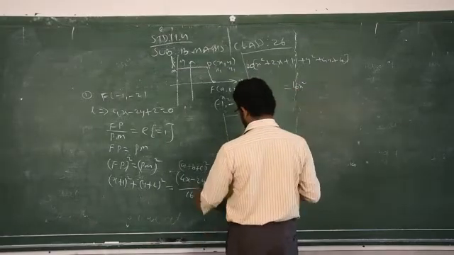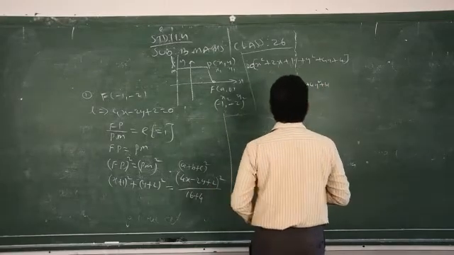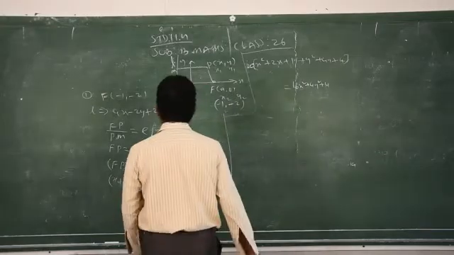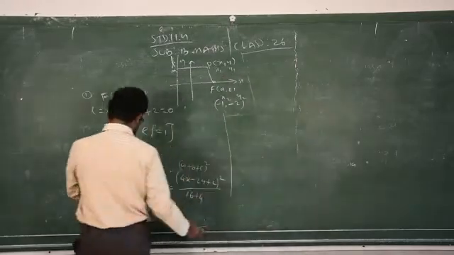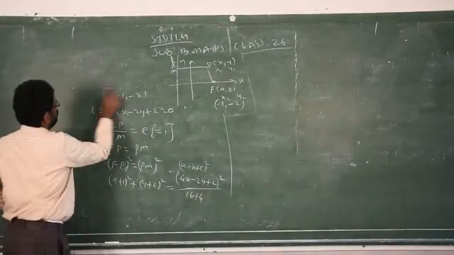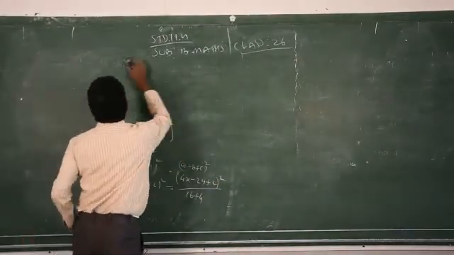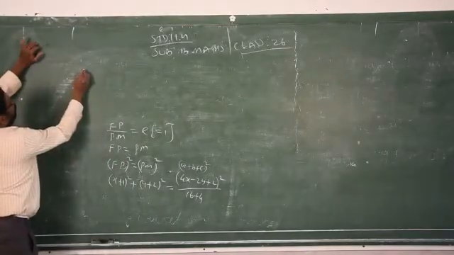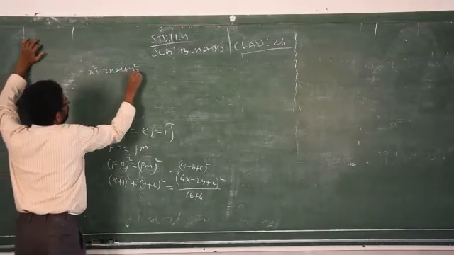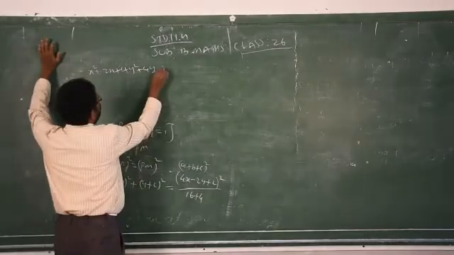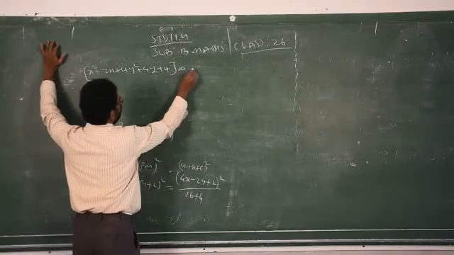16x square plus 4y square plus 4. Now expand it: x square plus 2x plus 1 plus y square plus 4y plus 4. 16 plus 4 is 20, so bring it to the left side into 20.